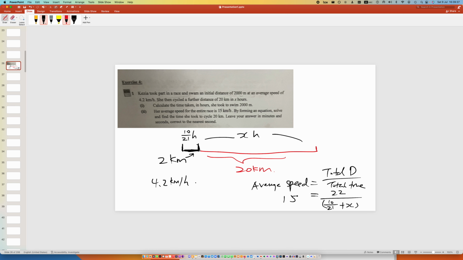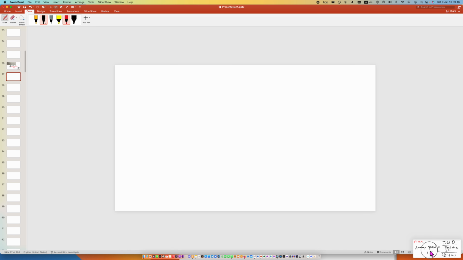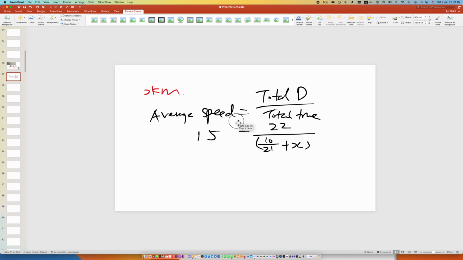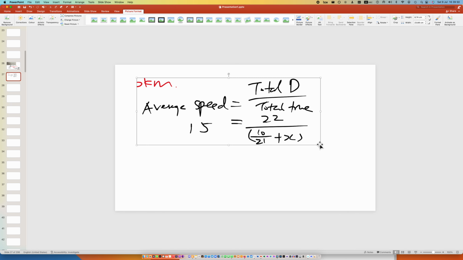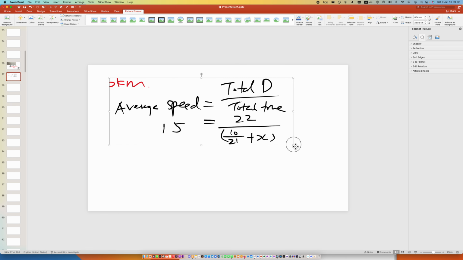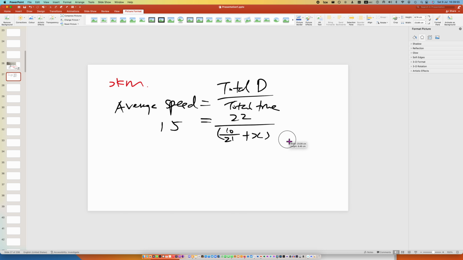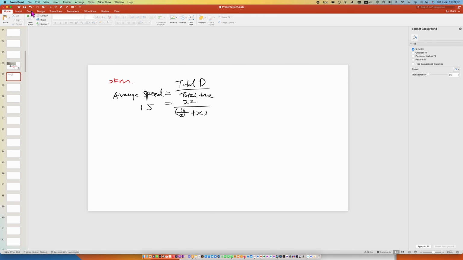So your job is to cross multiply and get this out. So I hope you can see this 15/1. Yes, cross multiply. Then you have 15 times 10/21 plus x equals 22. So this is 150/21.